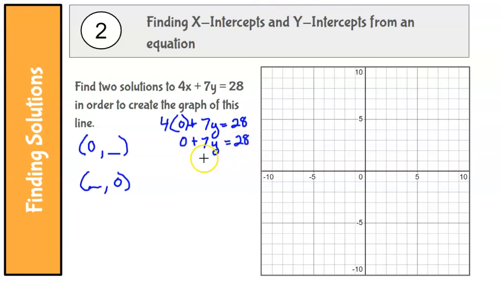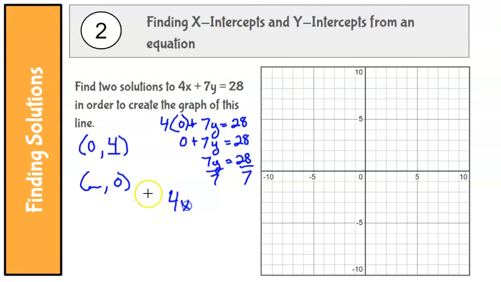I know it looks like a lot of steps, but when I use 0, this term is going to go away. And basically you're just going to take 28 divided by 7, so what it's equal to divided by the coefficient of y. So y is 4. It's just a coincidence that it also happens to be the coefficient of x.